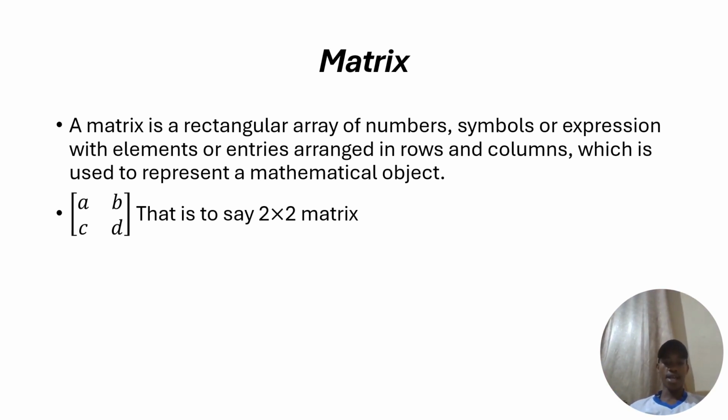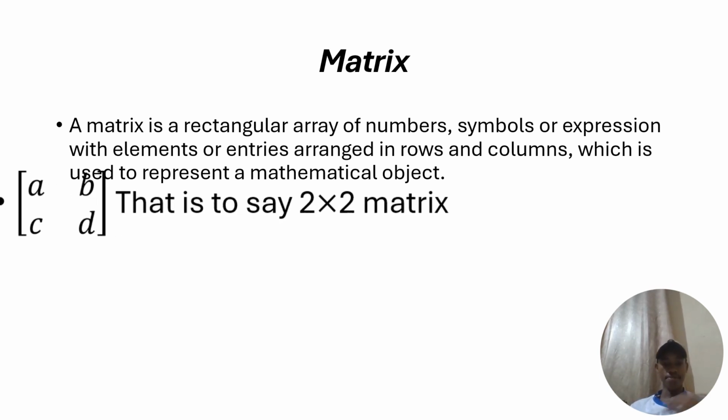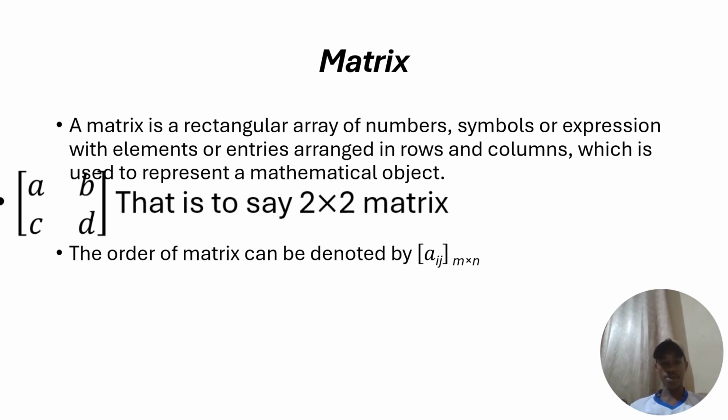So as you're seeing there, we are having the order of matrices. Firstly, we're having a 2 by 2 order. Matrices are organized in rows and columns. The order of a matrix is row by column.